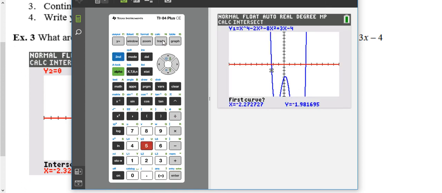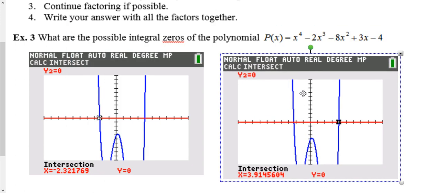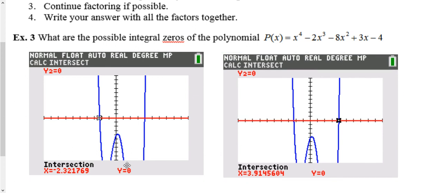So second trace, option 5. Let's see where the other one is. And here we have positive 3.9. So what does that mean? Again, you have two x-intercepts. They're both decimals, so most likely once you factor this, you'll have a radical in your answer somehow, somewhere.